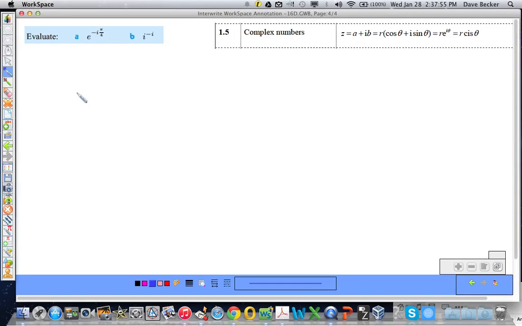some expressions here. So e to the negative i pi over 4. Let's take a look and say that e to the i theta is equal to cosine theta plus i sine theta, or as we know it, cis theta. Okay, and what do we have here? Well, we have e to the negative i pi over 4.